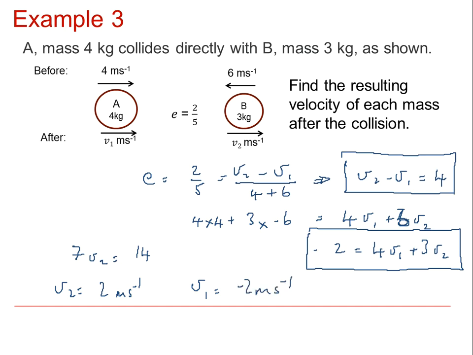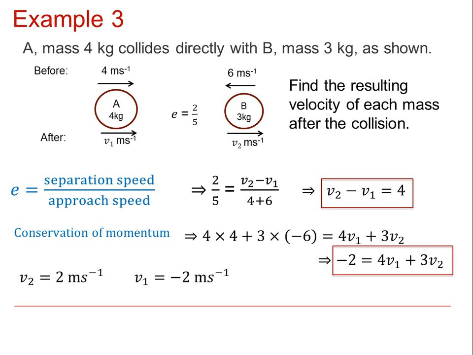In other words, V2, or B, turns around and moves in the opposite direction to its initial motion, and A is also in the opposite direction to its initial motion. There we are, just put down neatly. So there we're using the two equations, conservation of momentum and Newton's law of restitution, to solve problems where we've got two unknowns.